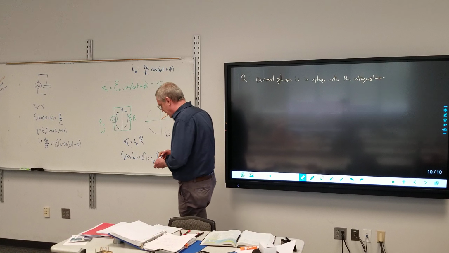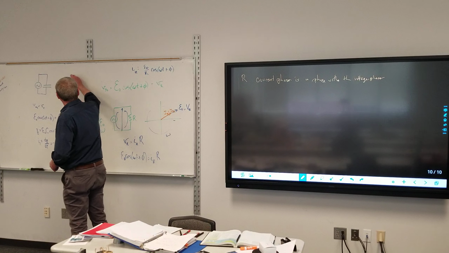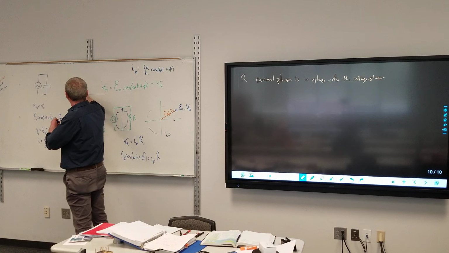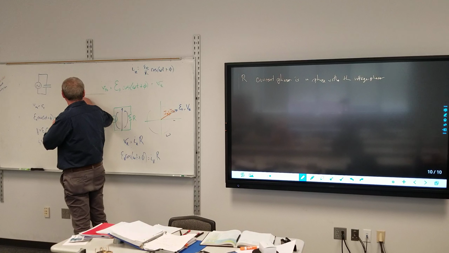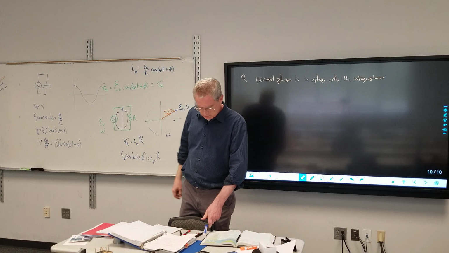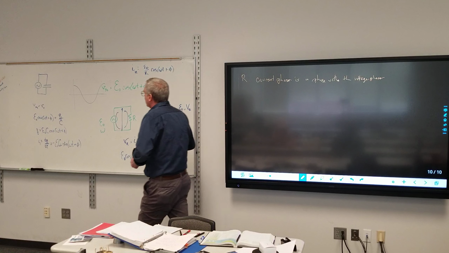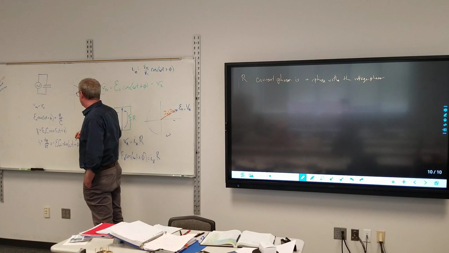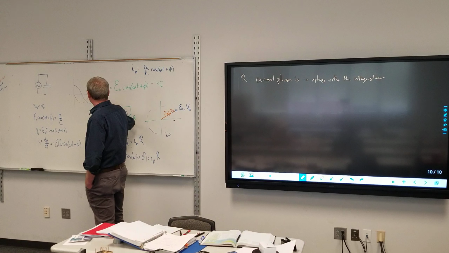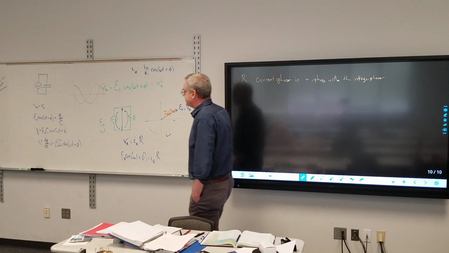So if I graph my two functions there, my voltage graph is a cosine curve, so my voltage will look something like that. My current is a negative sine curve, so it looks like that, more or less.